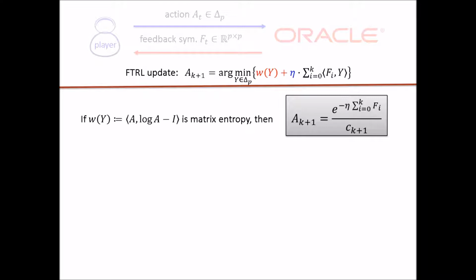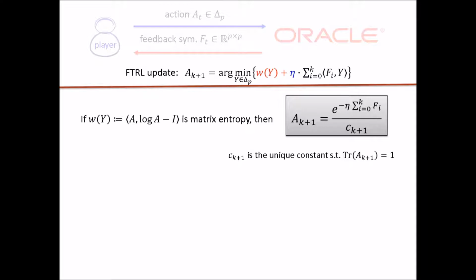The player computes the sum of the loss matrices for all the previous iterations, multiplies that by some learning rate eta, raises e to that matrix, and then normalizes it by some constant c_{k+1}. That is the unique constant that makes sure that after normalization you get a matrix with trace equal to 1. This is the so-called matrix multiplicative weight update strategy that I bet a lot of you are already aware of.